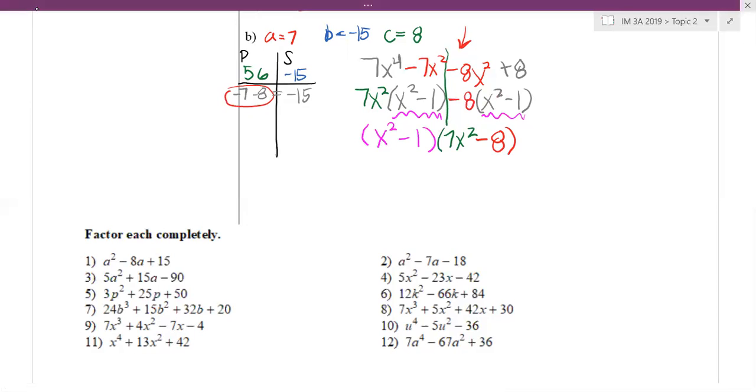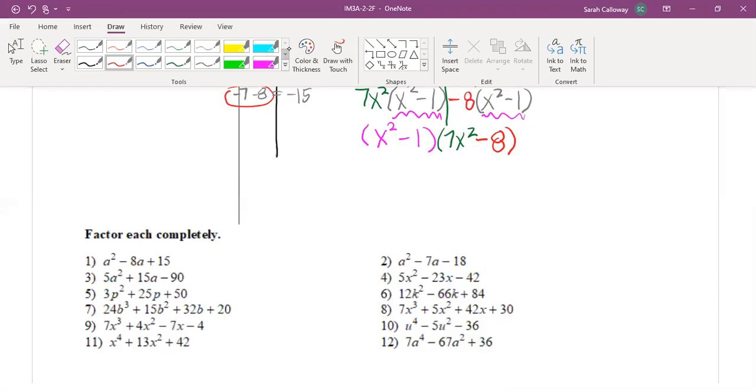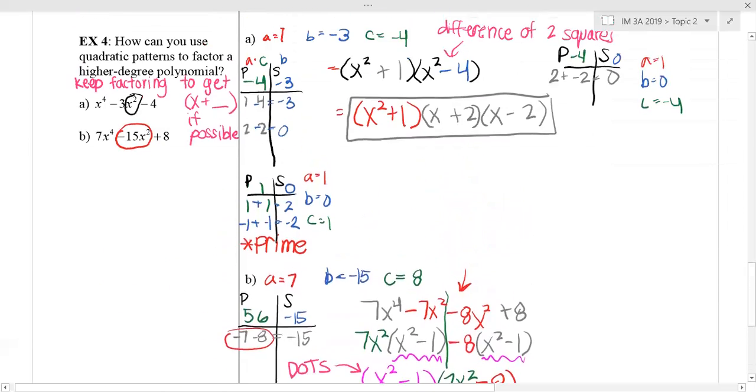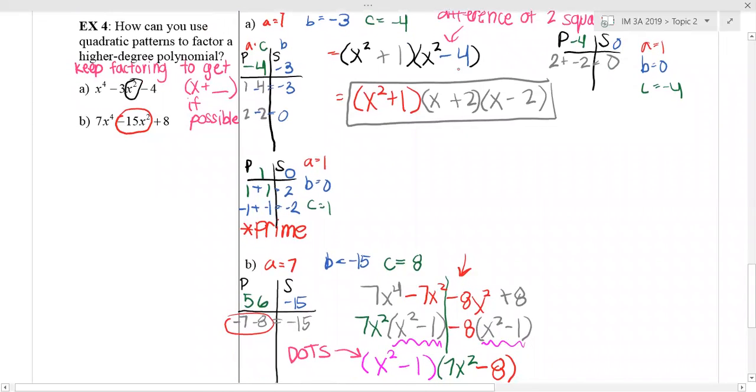And so remember that when we're doing this last step and we're checking to see if these factor, we're looking for a difference of two squares. And so notice that this factor here is the difference of two squares. And so I know that the same way that when we had x squared minus 4, it turned into x plus 2 times x minus 2 because the square root of 4 is 2.